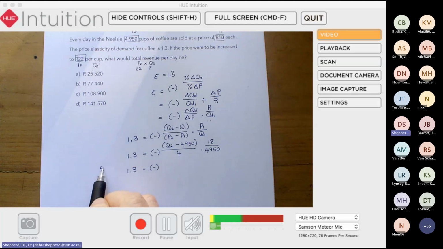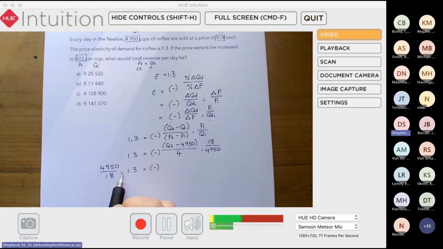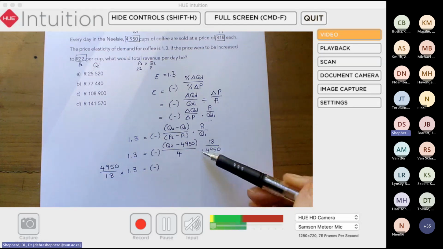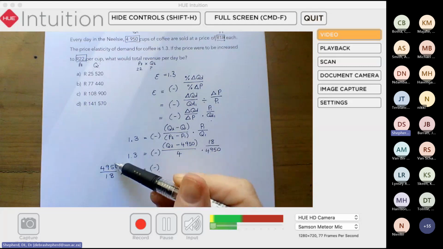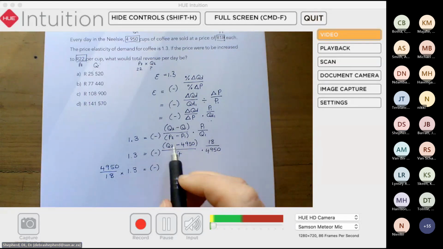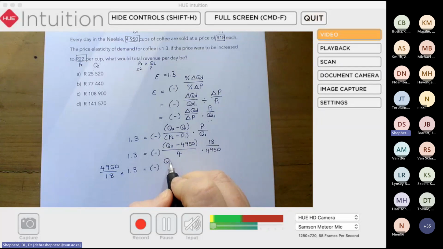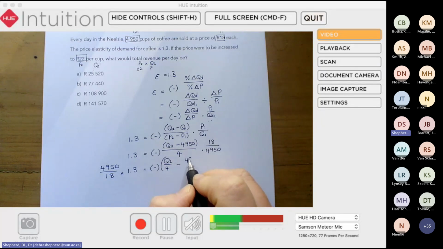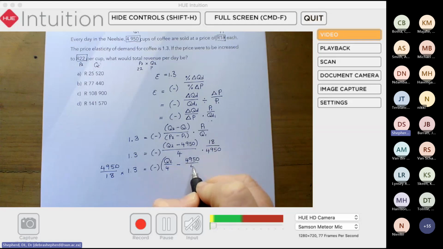So I'm going to say that this is 4,950 over 18. I'm just taking this and putting it on the other side, and then I'm going to inverse it. And then I have Q2 over 4 minus 4,950 over 4.